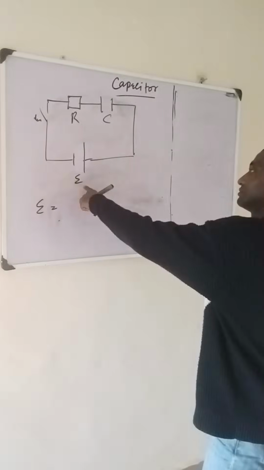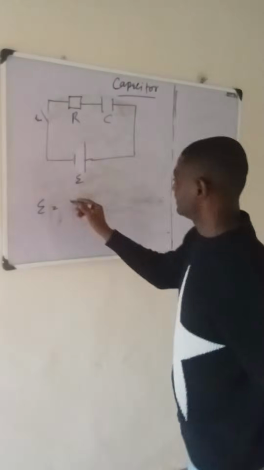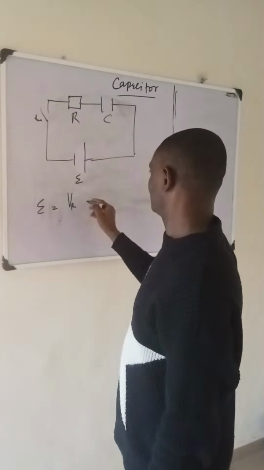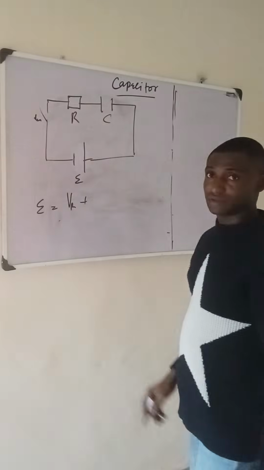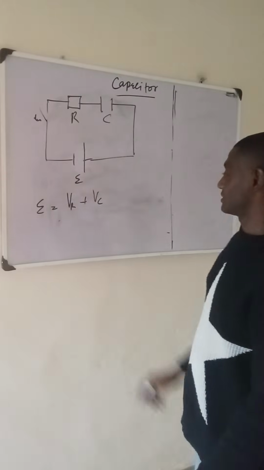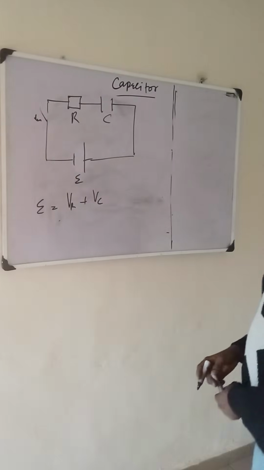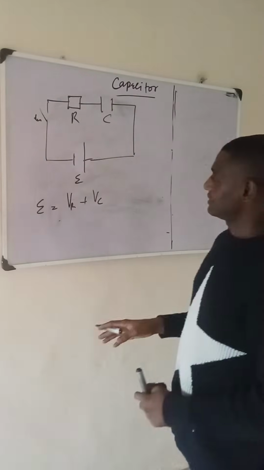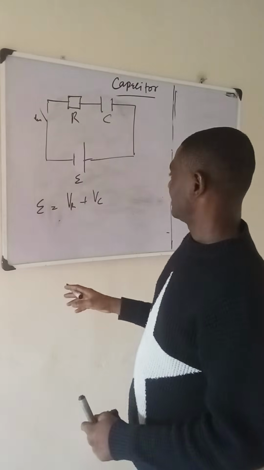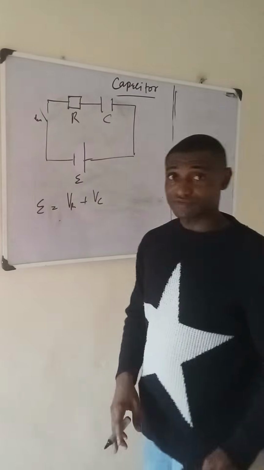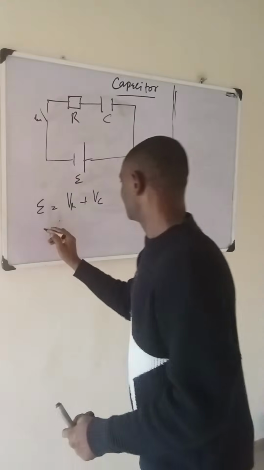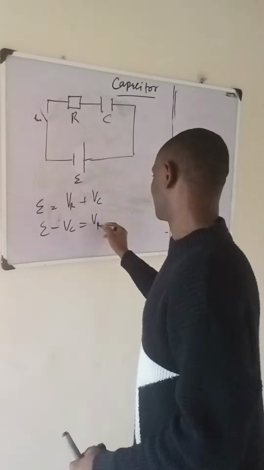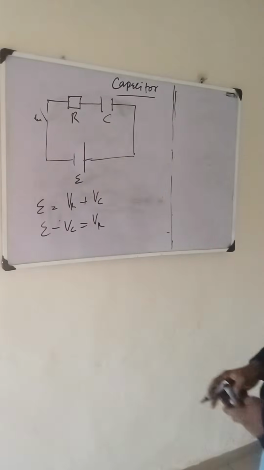The total electromotive force here is the same thing as the voltage across the resistor plus the voltage across the capacitor. Okay, so now we are going to define in terms of charge. So this E minus Vc is the same thing as VR. We are through with this.